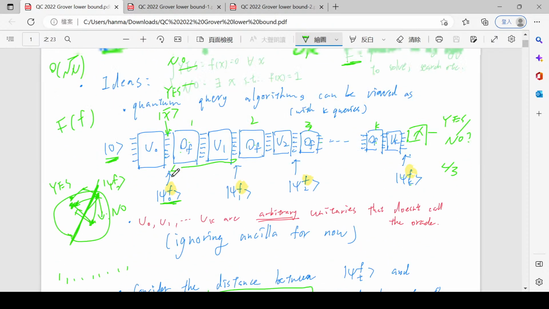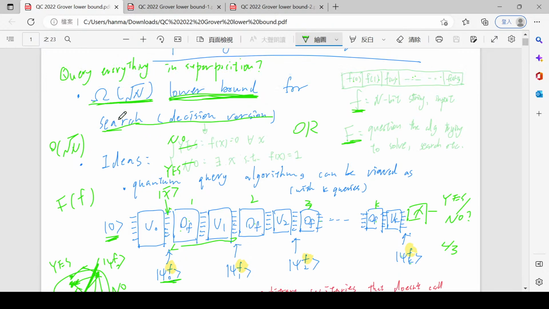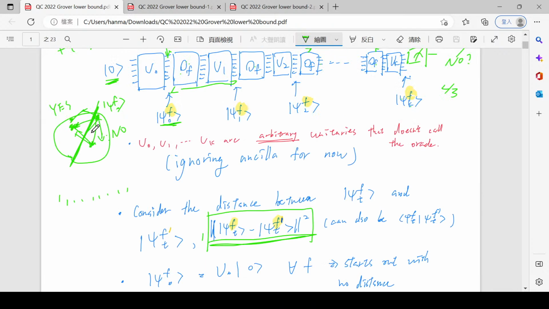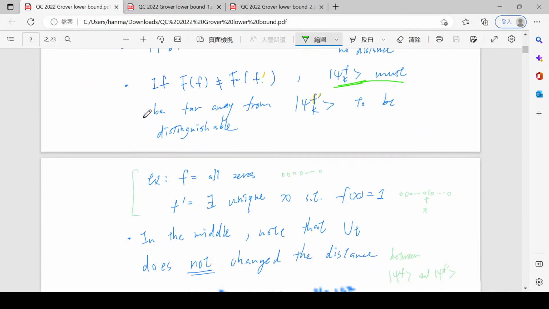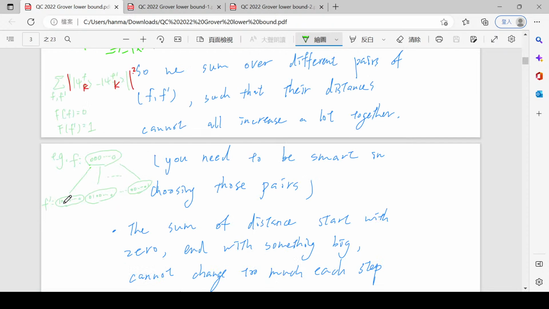And then we go to more specific, our decision version of Grover. We want to check some pairs of yes and some pairs of no. This depends on the problem and requires you to be smart about the problem you want to solve.